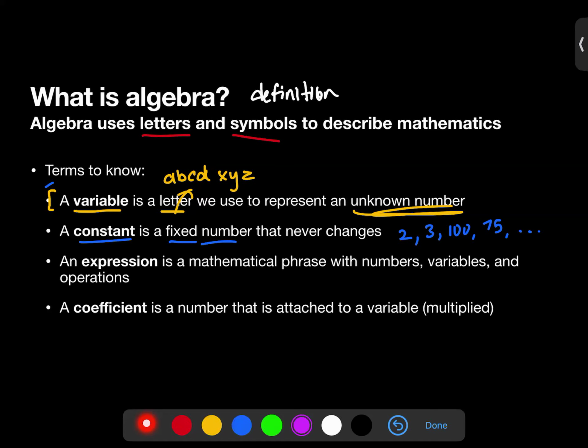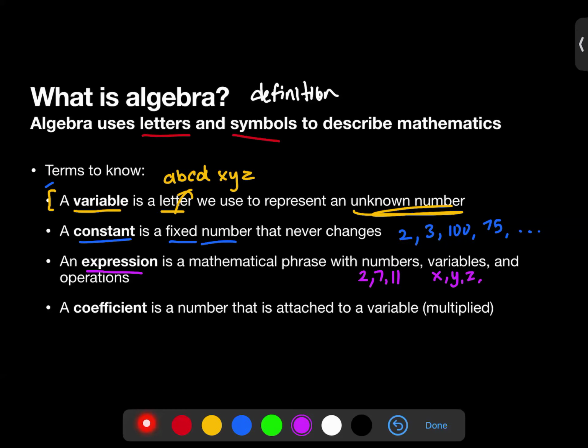The third term is expression. An expression is a phrase in mathematics that includes numbers, variables, and operations. Numbers are, of course, like 2, 7, 11, and so on. Variables are, again, unknown numbers as letters, so X, Y, Z, and so on.